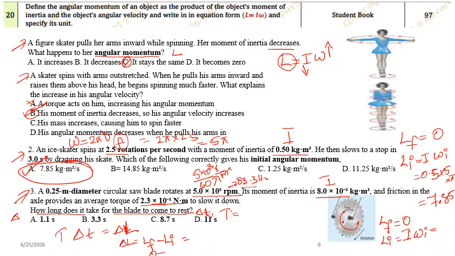Using this value, we have to calculate omega. So finally, I'll put the values together. It is 8 into 10 to the power minus 3, that is the moment of inertia. And omega will become 2 pi f.